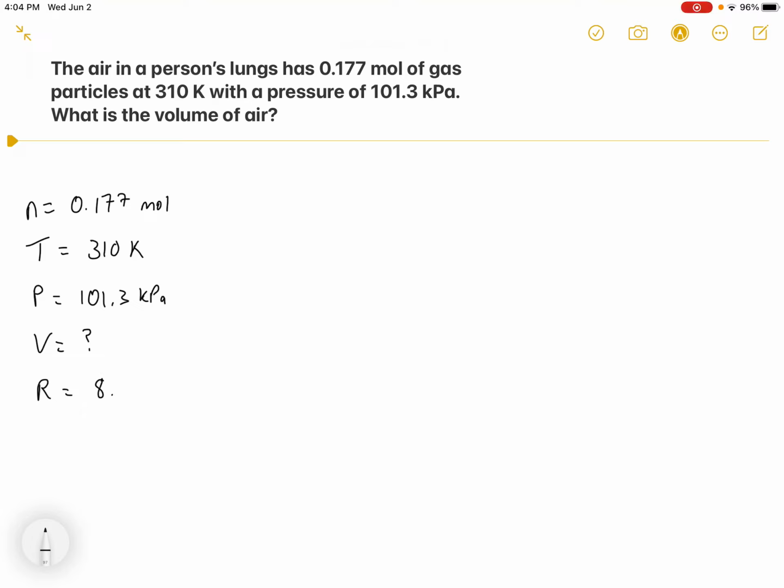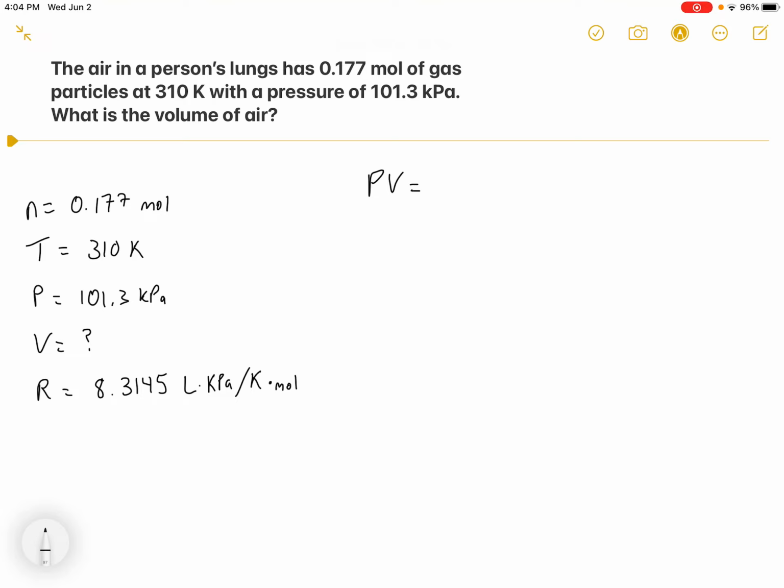So our value of R, most commonly and in this example, is going to be 8.3145 liter kilopascal per Kelvin mole. Because then you'll see when we perform the calculation, the irrelevant units will cancel out. So we just have to make sure we're choosing the right universal gas constant based on the units that we have.